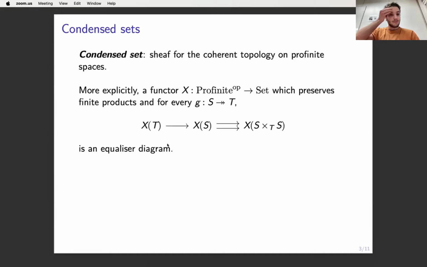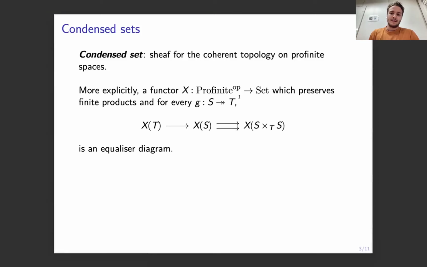It has a much more explicit description. If you don't want to think about Grothendieck topology nonsense, you can just think of it as a contravariant functor to sets, which preserves finite products.